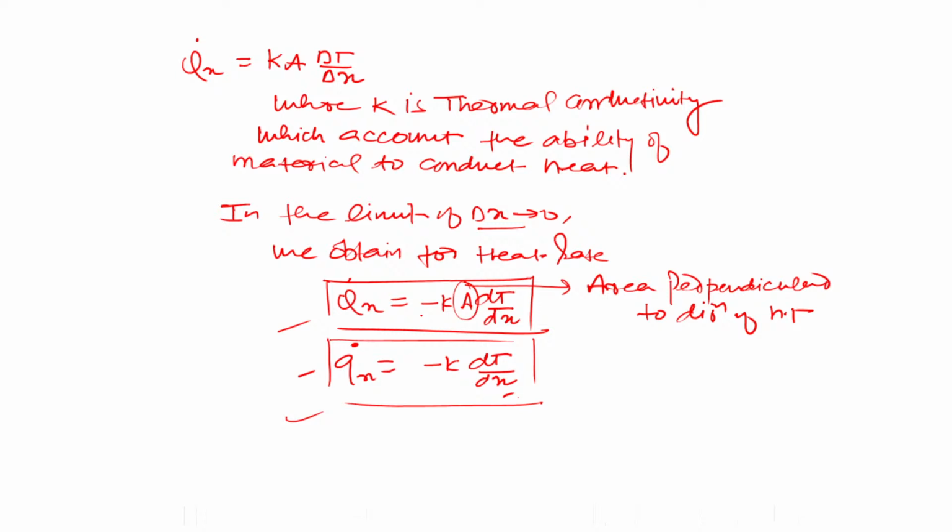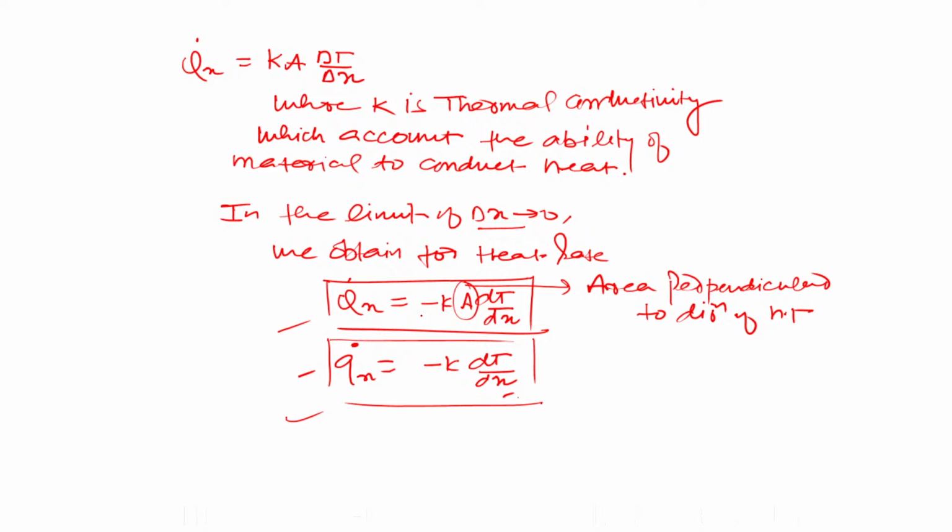The direction of heat flow will always be normal to a surface of constant temperature, called an isothermal surface. Clear, beta?